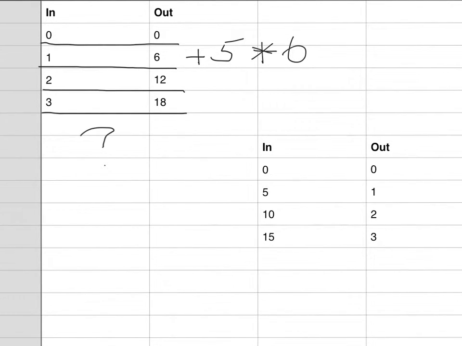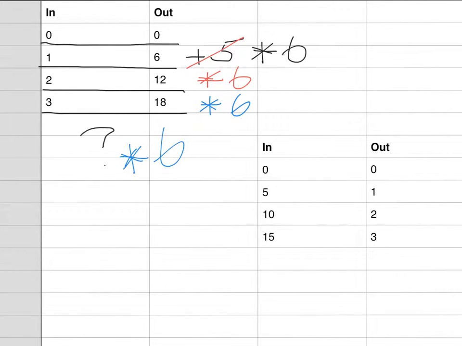So I'm going to leave those two there, and I'm going to go down to the next one. 2 plus 5 equals 7, so 5 is now out. 2 times 6 equals 12, so times by 6 works here. So then I come down here to the bottom, and I have 3 times 6 equals 18. So consistent for all three of them, my rule is going to be multiplying by 6.